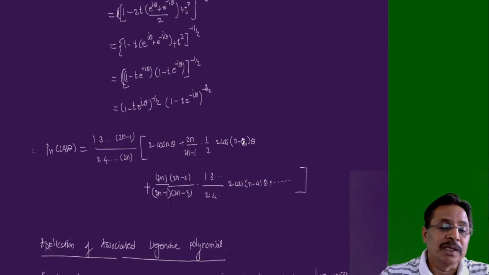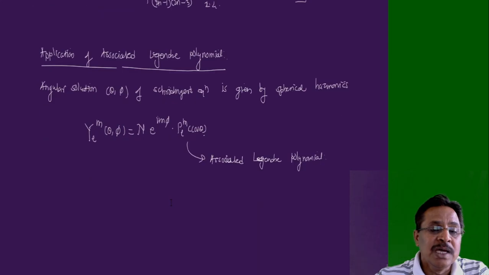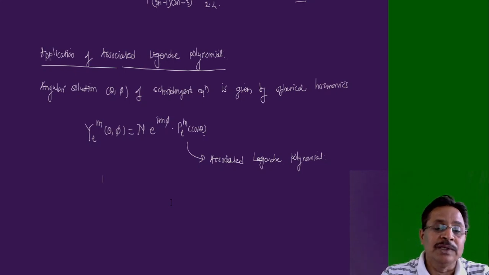And in quantum mechanics, we use this P_n of cos theta to write all these spherical harmonics. Once we understand these spherical harmonics, we can go for several physical parameters of an electron in a hydrogen atom in different orbitals, and all the physical and chemical properties can be discussed very nicely provided we have knowledge of these spherical harmonics.